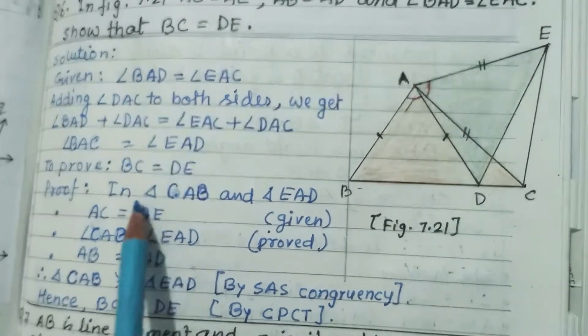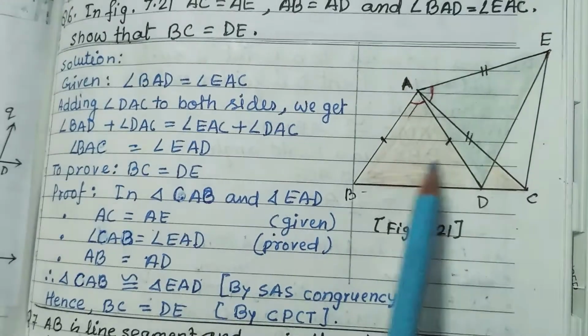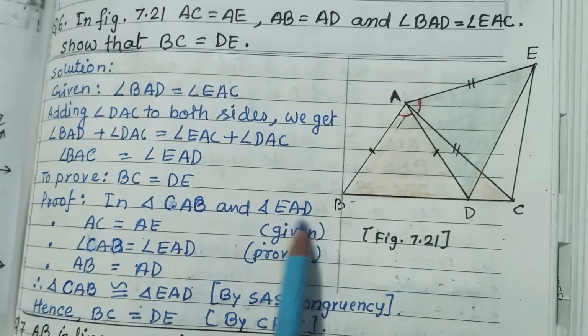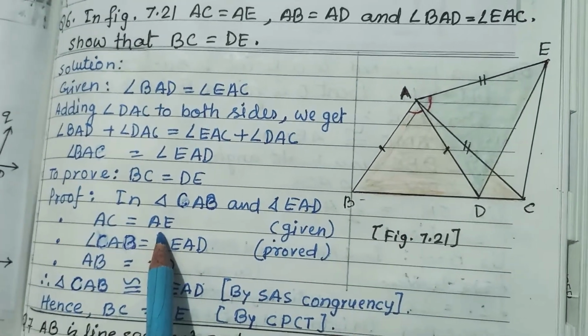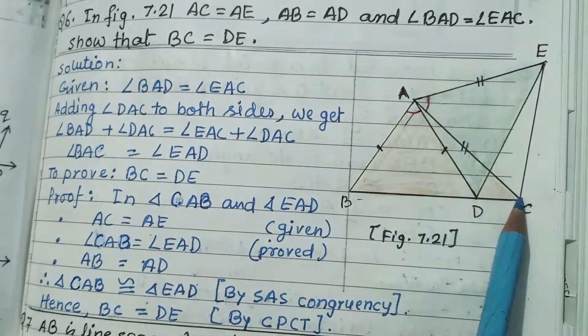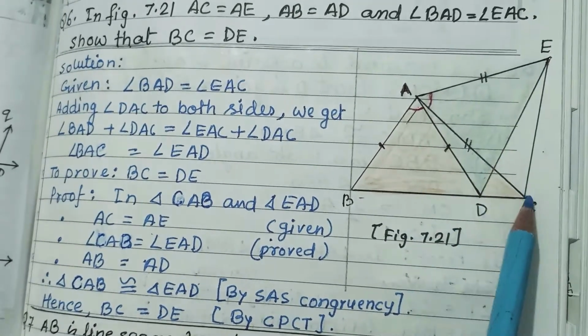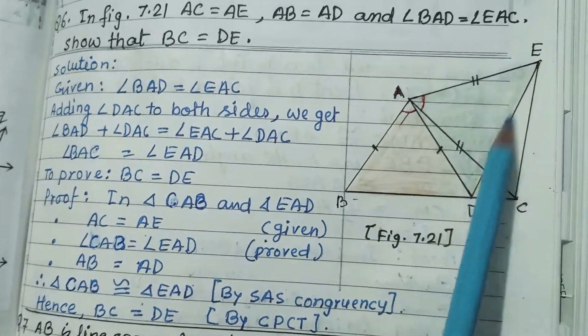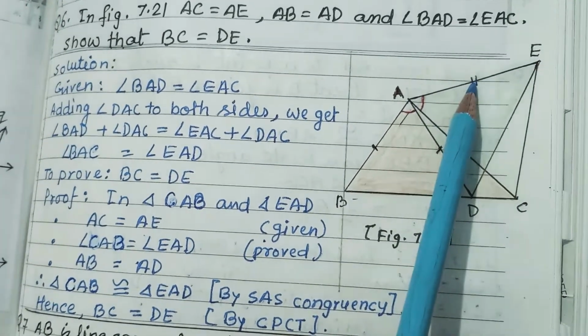These are equal. Now in triangles CAB and EAD, AC is equal to AE, as given already, AC of this triangle and AE of this triangle. So these two are equal.